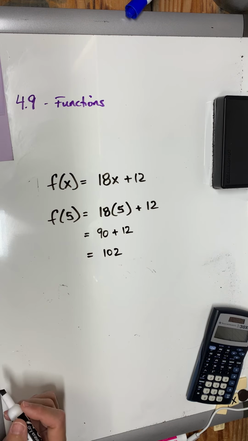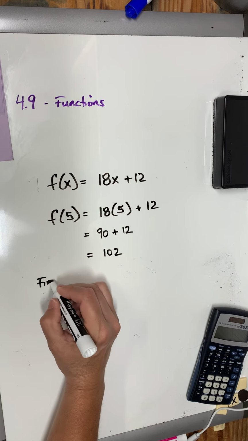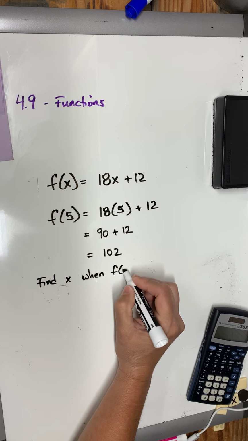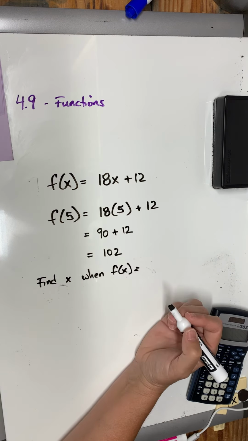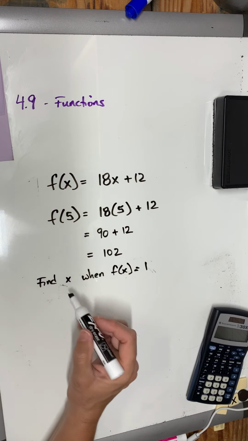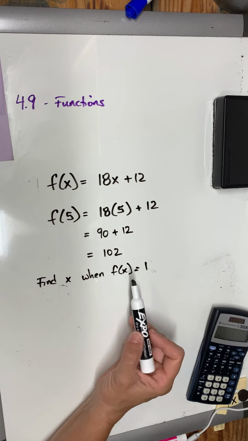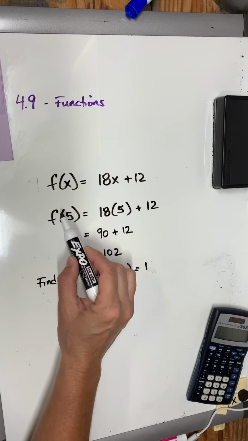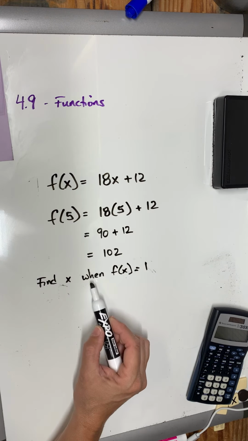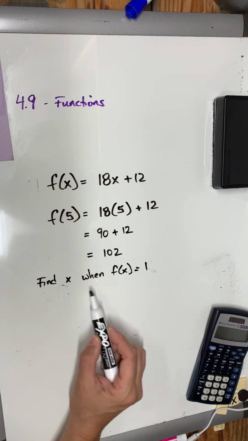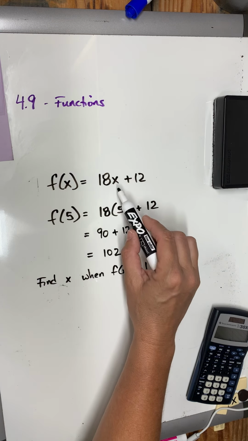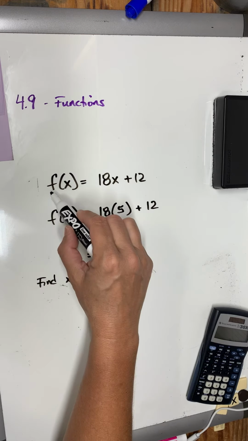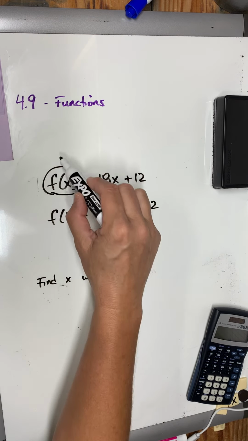But the second part, they say find x when f of x equals 1. So this is different. They're asking something different. They're not asking us to find f of x, which is what we've been doing. They're asking us to find x. In other words, they're saying what went in there for x in order for f of x, this whole value, to be 1.